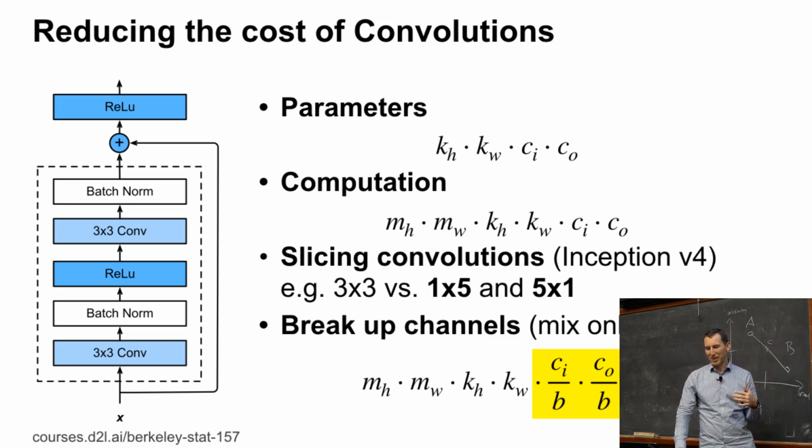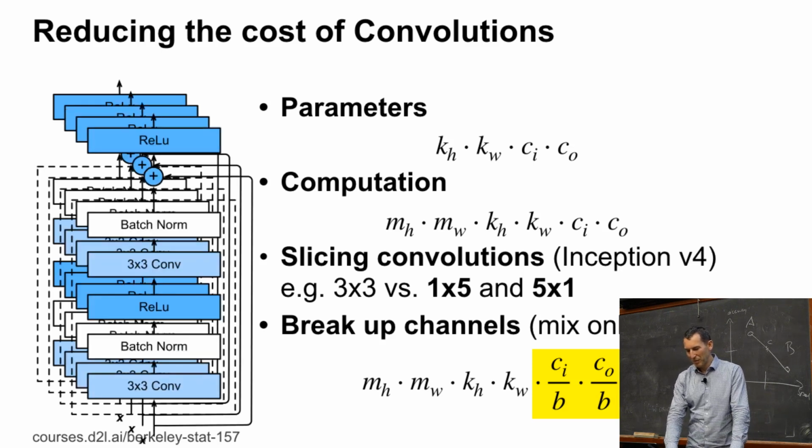Or we can break up the channels. And so if I break it up into B groups, then I have Ci over B for the input, Co over B for the output, times B, because I now have B groups. So in other words, I get a reduction by a factor of 1 over B. And as a result, I can use more dimensions, and I'm in good shape. And that's really all that there is to it.